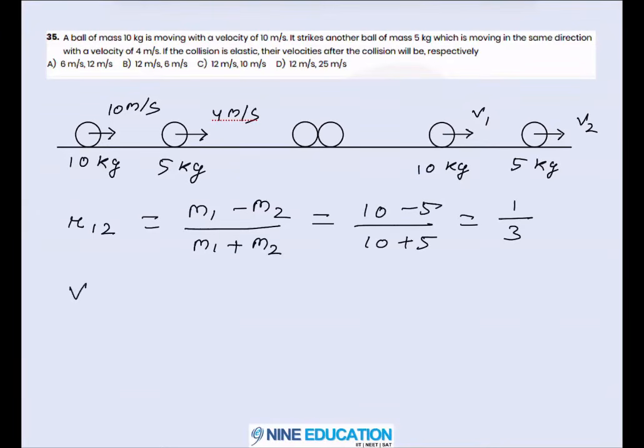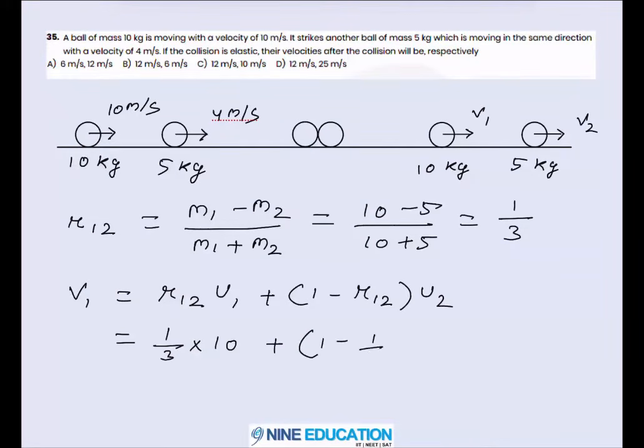Now what will be v1? v1 will be equal to mu12 into u1 plus 1 minus mu12 into u2. That will be 1 by 3 into the initial velocity of the first body, which is 10, plus 1 minus 1 by 3 into the initial velocity of the second body, which is 4. And that will be about 6 meter per second.